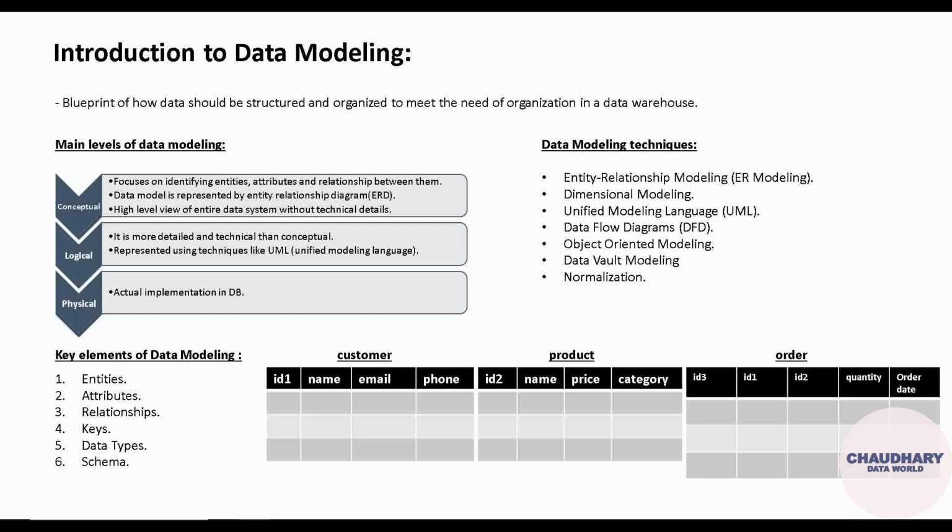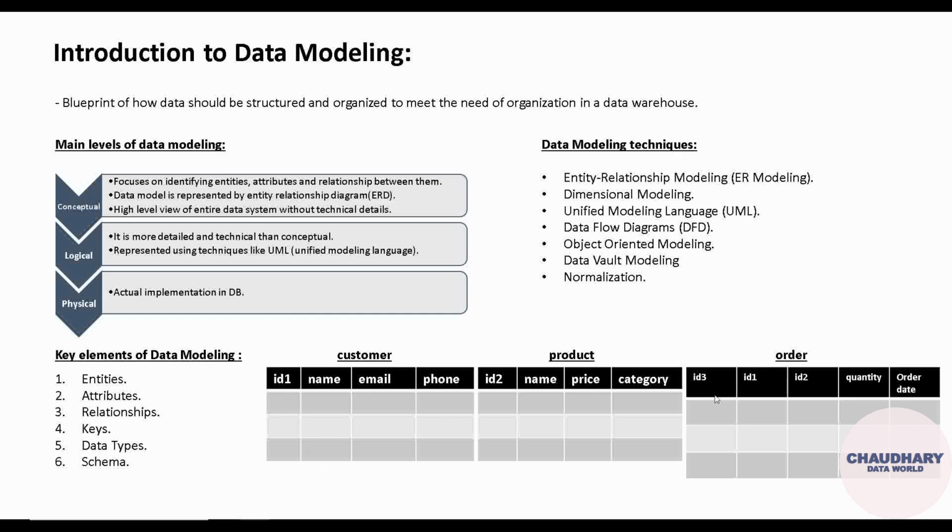After that, one-to-many is when one data item in the first table is mapped to many data items. Suppose we have a customer table, and that particular customer can purchase many products, which is tracked in the order table, in which ID1 is the customer ID.